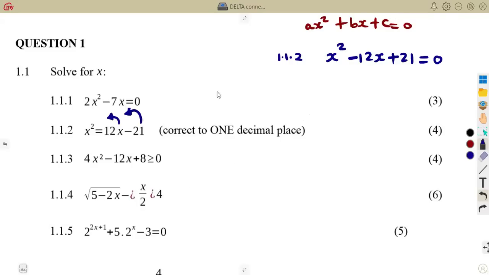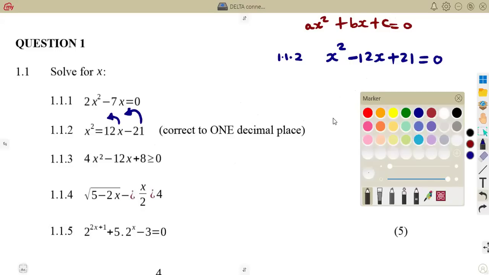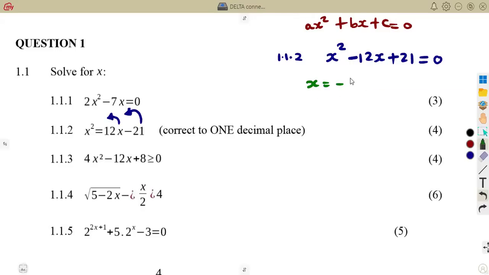Using the quadratic formula, you can use the completing of the square method. It's up to you. So I'm just going to apply the quadratic formula, which is easier for most of us, guys. So remember that x is equal to minus b plus or minus the square root of b squared minus 4ac, everything over 2a.